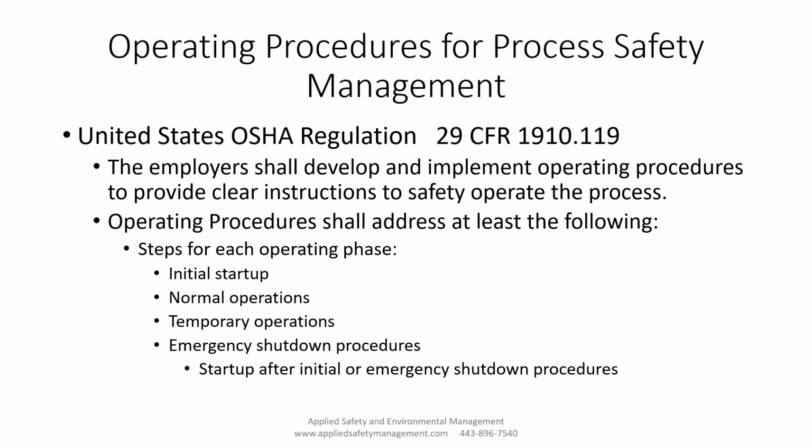So, steps under the operating phase. You have your process, it's up and operating. So you have to talk about your initial startup, normal operations, temporary operations, emergency shutdown procedures, and after you've already done the emergency shutdown procedures, what's the startup after the emergency shutdown?